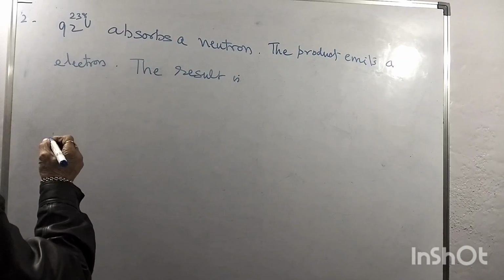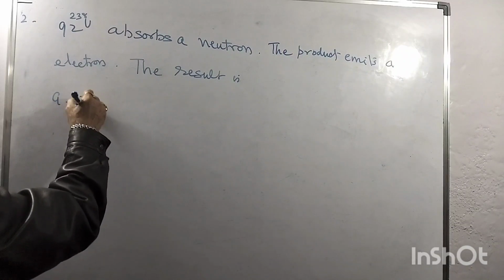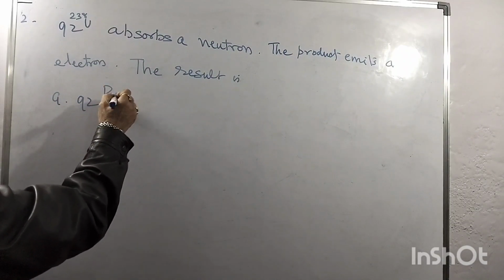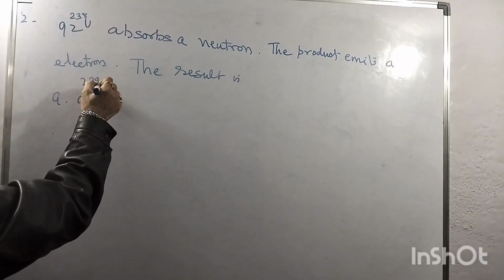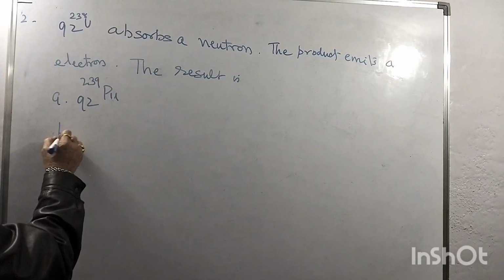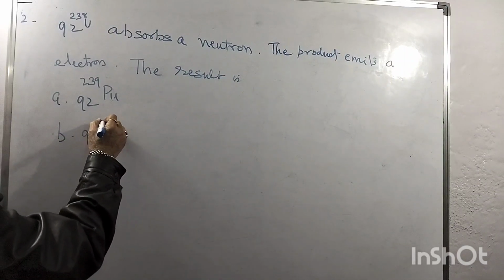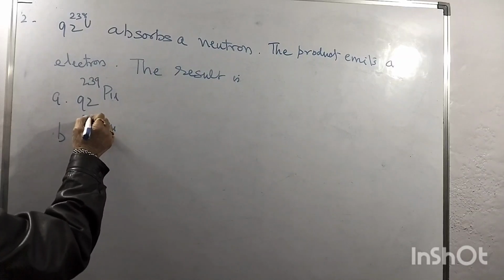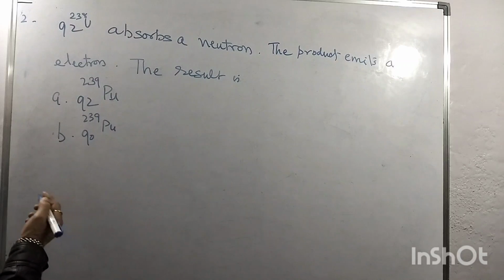Answers are: A is 94 plutonium 239, or B is 90 Pu 90. There is some mistake in this because Pu cannot have 90 charge. So there is some mistake in what they have written.